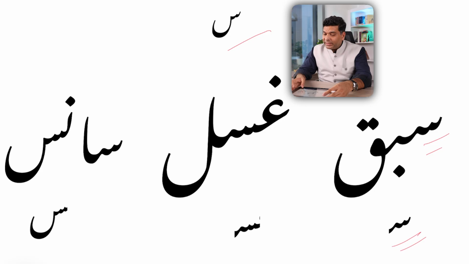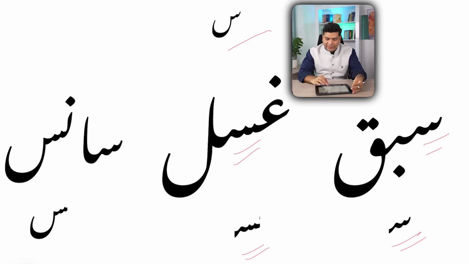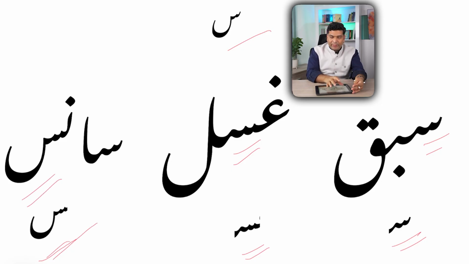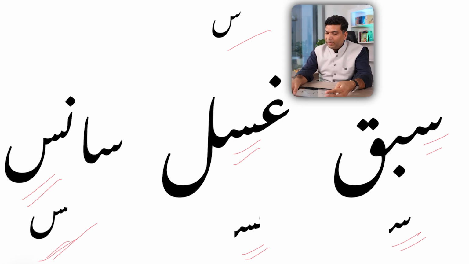That is what it looks like in the beginning. In the middle also, it keeps those shoshas, or middle parts, that are visible here. But in the end, for example in the word Saas, we have Seen at the end, and it retains its shape fully. So in Sabaq it has a truncated view, in Ghusl it is in the middle and is a truncated view, and in Saas it has a full view.